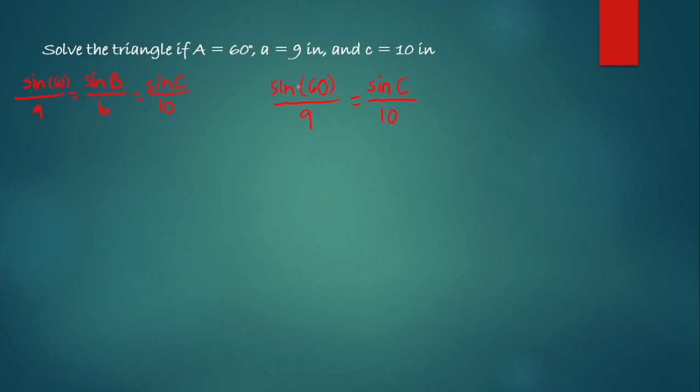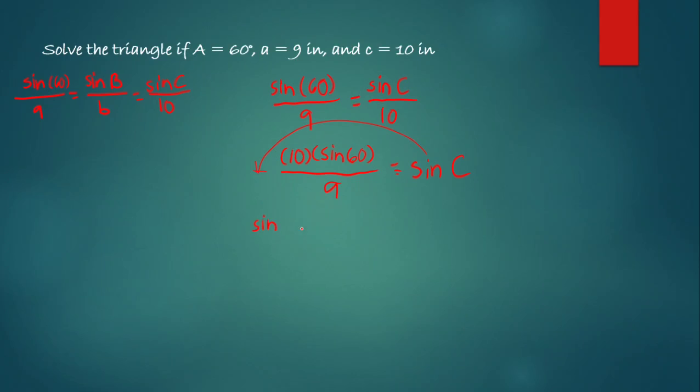Now we're going to cross multiply. 10 and sine 60 over 9 equals sine C. So now we're going to transfer sine C here and make it an arc sine.